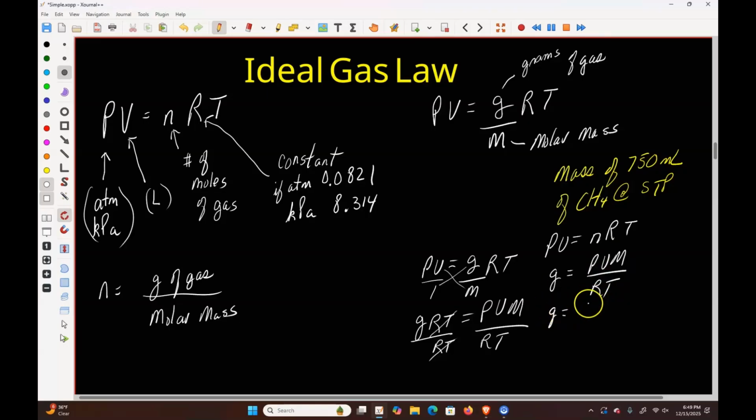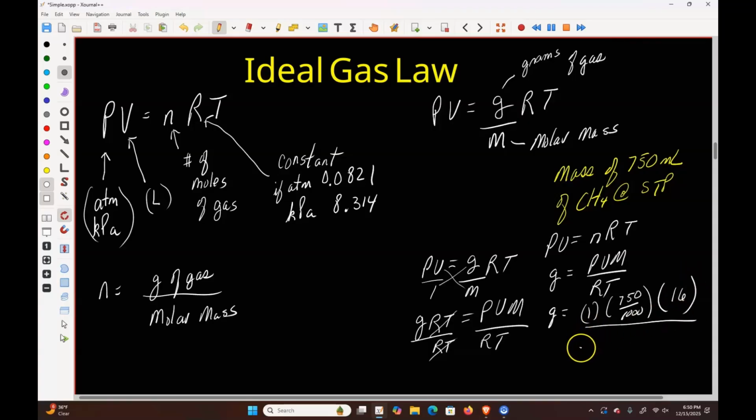So the mass is equal to, at STP, 1 atmosphere. I'm going to use atmospheres here. The volume has to be in liters, so that's going to be 750 over 1,000. The molar mass of CH4 is 12 plus 4, which is 16.